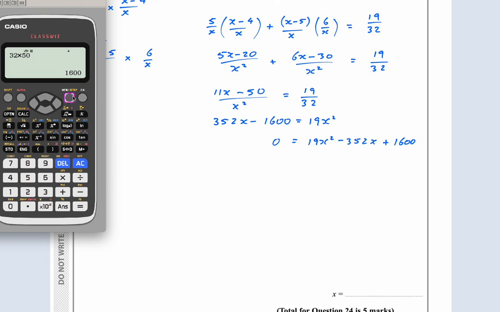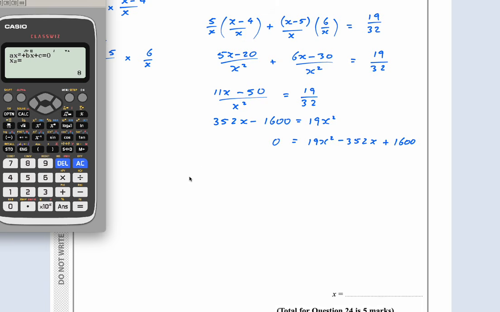So go to your equation mode. Polynomial, degree 2, put in 19, minus 352 and 1600, press enter, and we get 200 over 19 and 8.